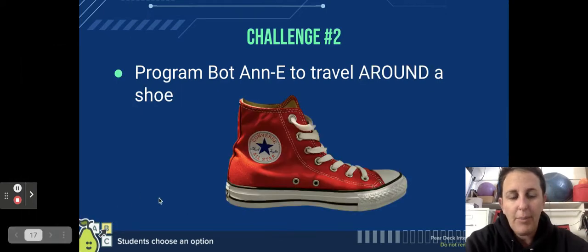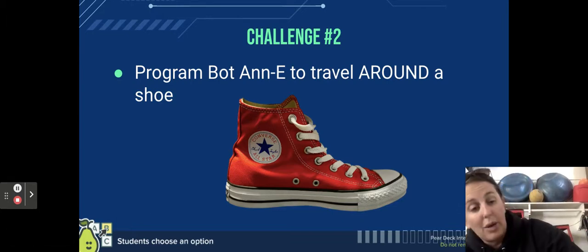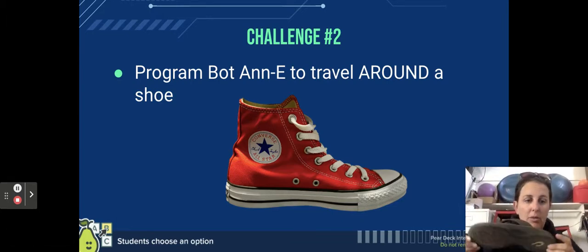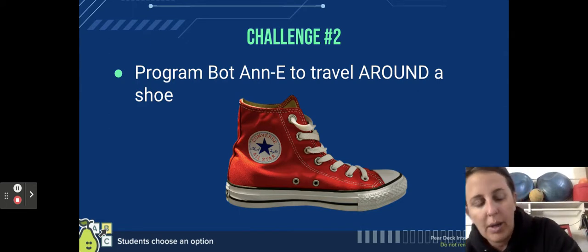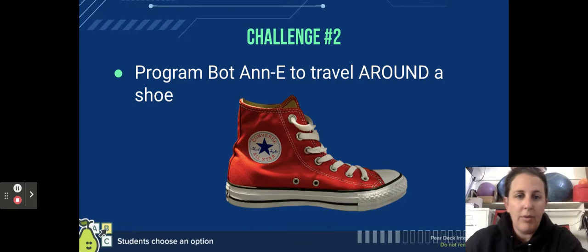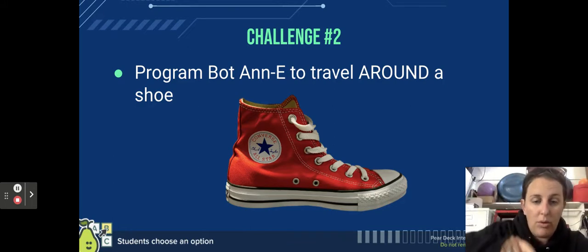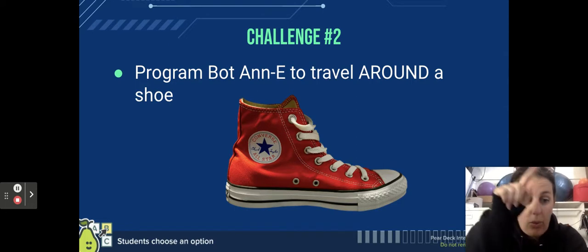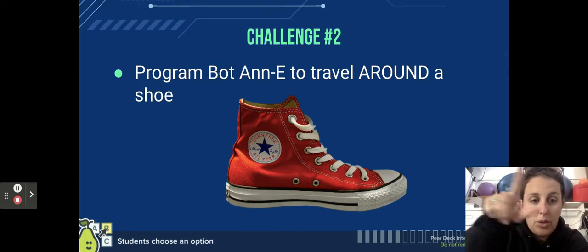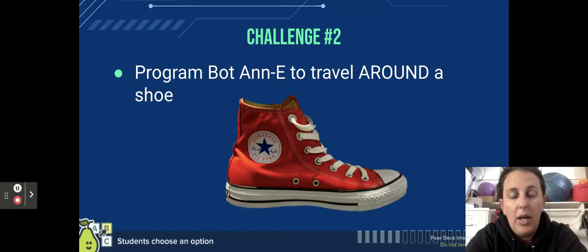You need to grab a shoe. You can just grab the shoe that you're wearing if you want. I'm going to use my flip-flop here. You're going to program your Bot Annie to travel around your shoe. You can get your robot to travel either clockwise around your shoe or counterclockwise, so you have to decide.